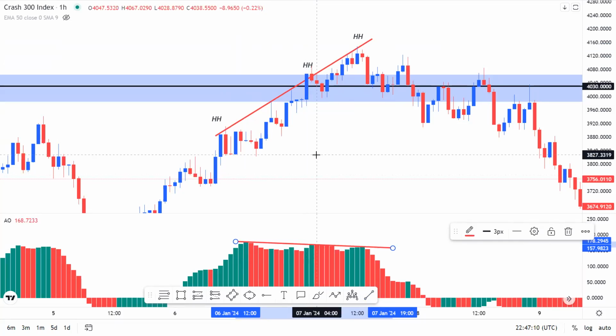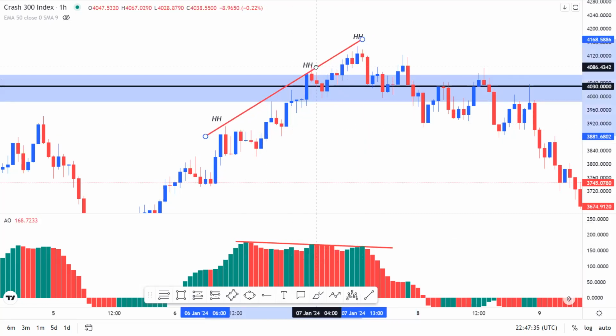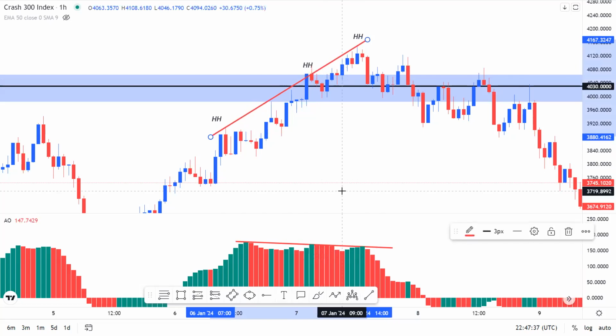And when once we tend to see a divergence form in an area of interest, it tells us of an imminent trend reversal. So the first thing I noticed was, as soon as we had a tap right into the daily time frame area of interest, we had the first confluence being a bearish divergence.